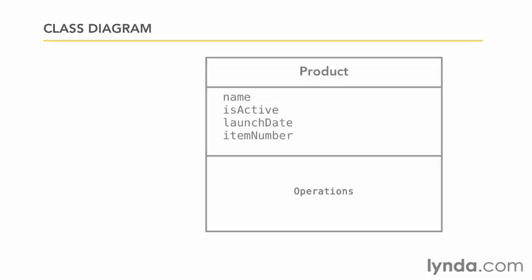Now it's perfectly common just to see the names of the attributes, but you can also see them written with a suggested data type after a colon. So colon string for name, colon boolean for the isActive flag, colon date, colon integer. Though you don't have to go to this level of detail. Now, if your language names their data types differently, it doesn't really matter.